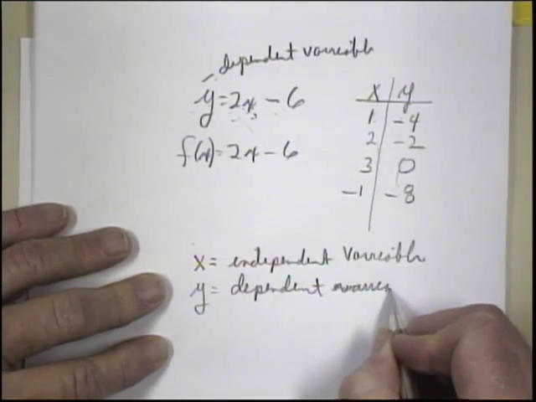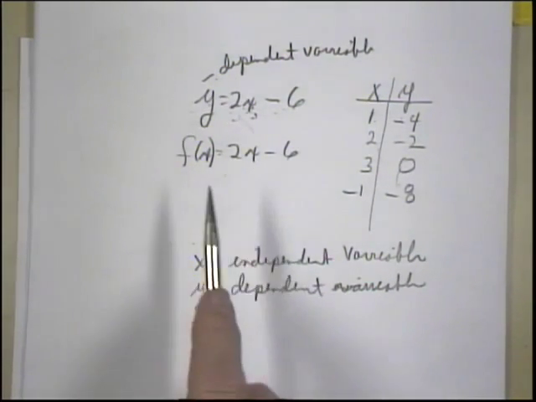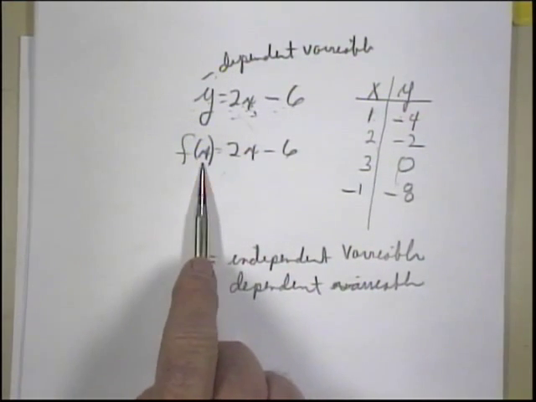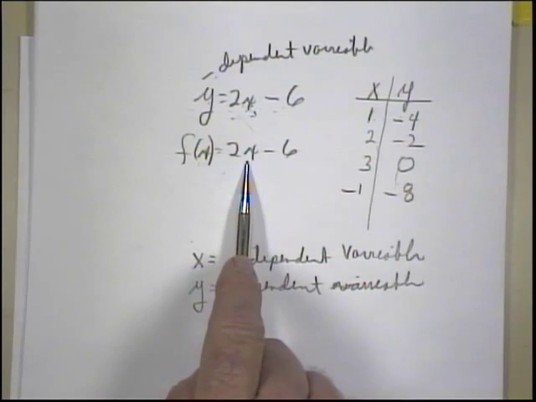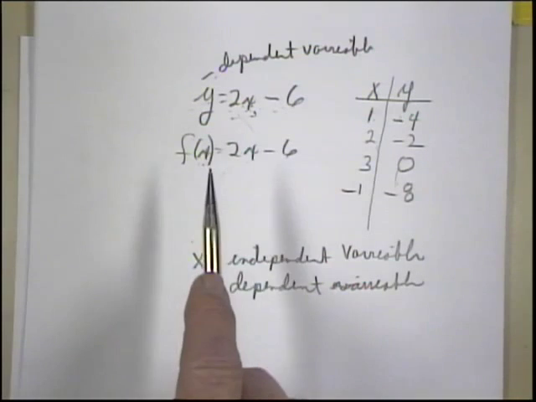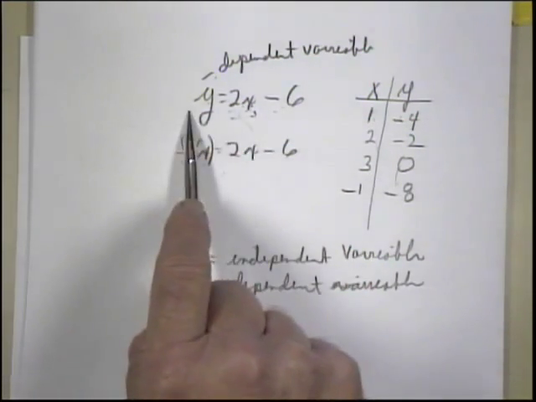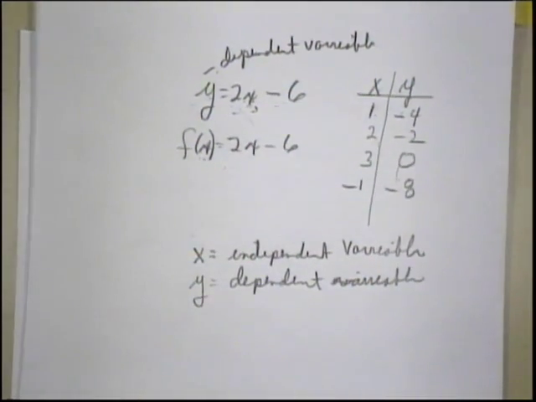It depends on the value that we assign x. So we have a function, f of x means this function is dependent on the value that we give x. x is our independent variable. This is our dependent variable. This is a function of x. This expression is a function of x. That's what that means.